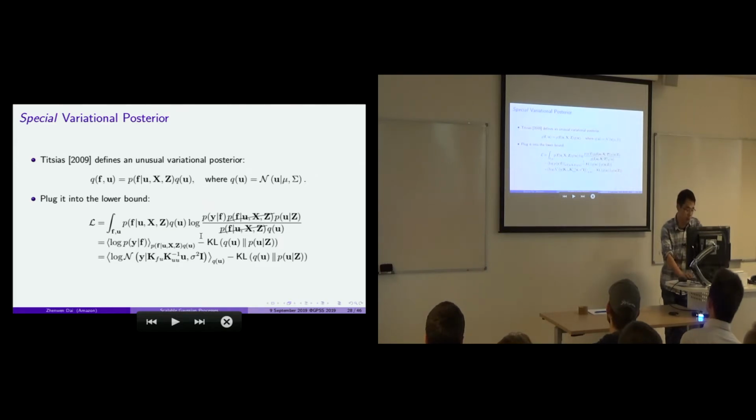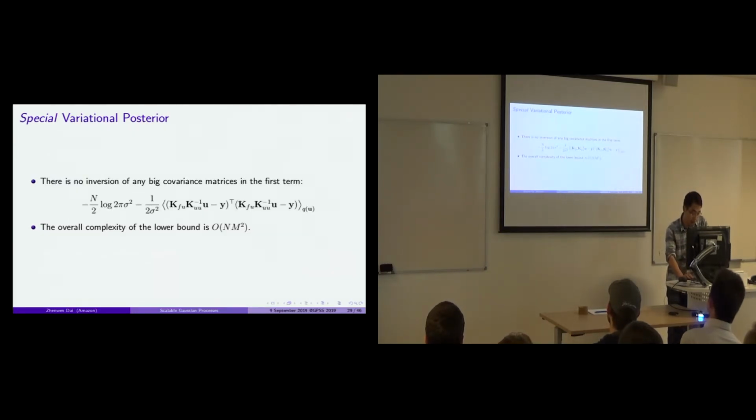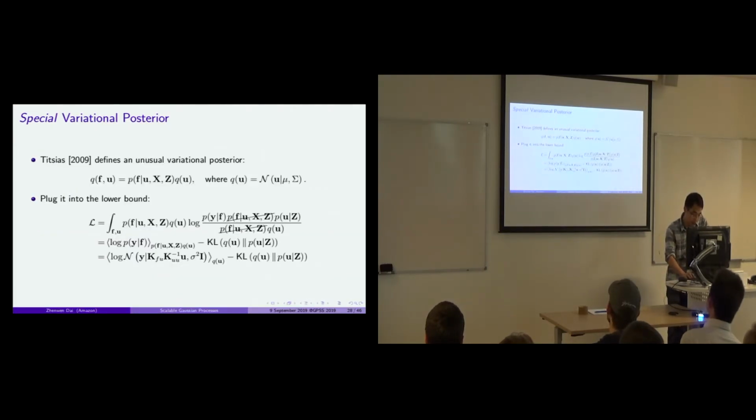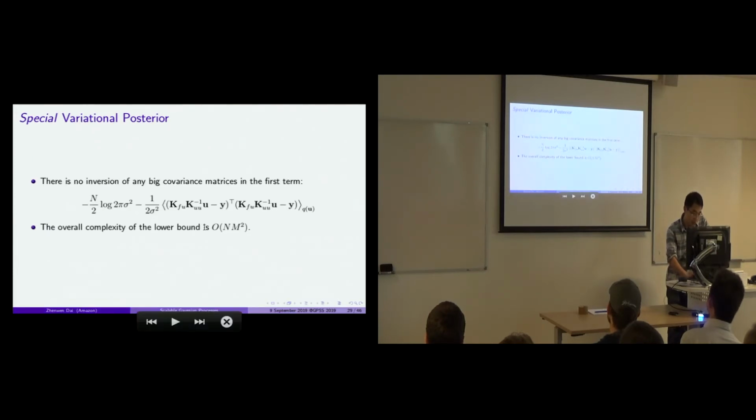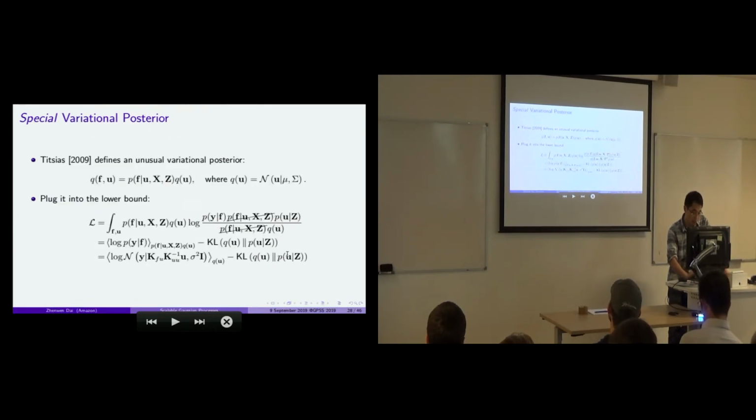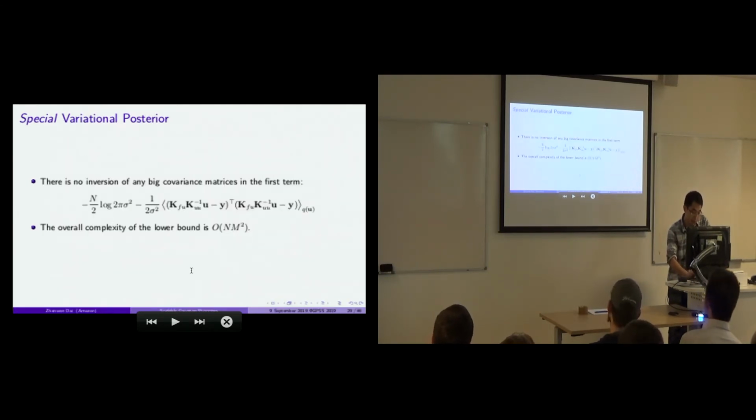I will not go into details about how these things get derived. One thing I want to highlight is that the complexity of the overall resulting lower bound becomes again nm squared.